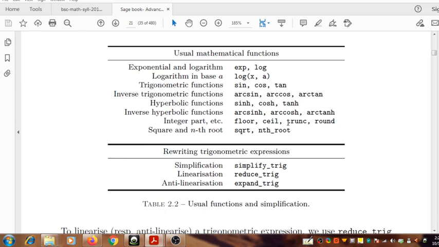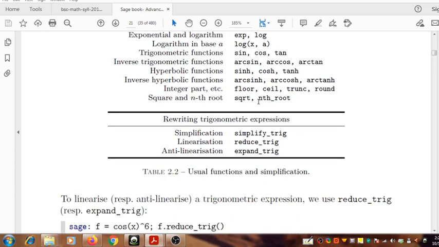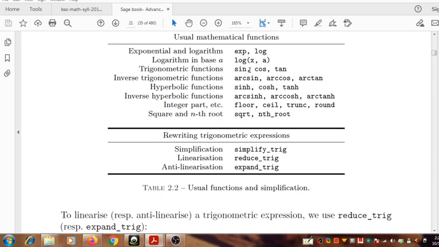Then comes the square root and nth root functions. We have seen already some steps back that square root can be written as sqrt, and now we have nth root. Nth root should be written as nth underscore root. Note that its syntax is very important. You should not make any mistake while writing this.